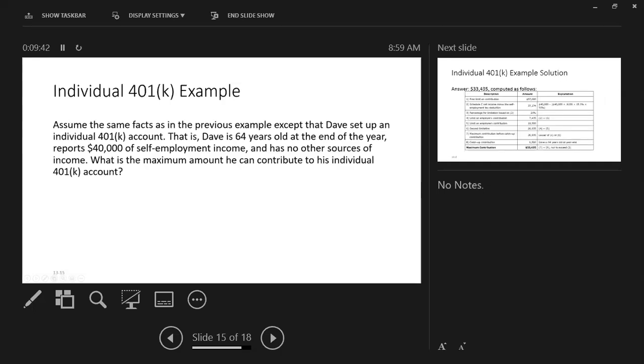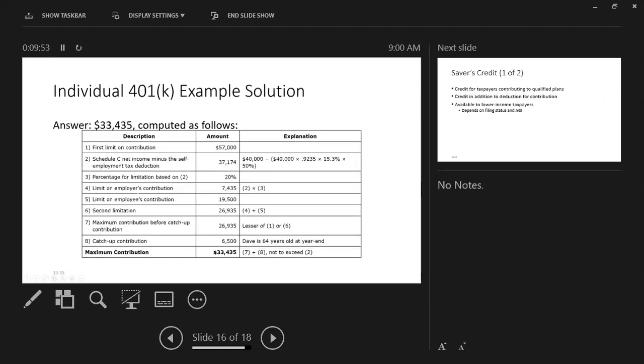So assume the same facts, except Dave set up an individual 401k. And he has 40,000 of self-employment income. So now 57,000 or 37,174 times 20%.